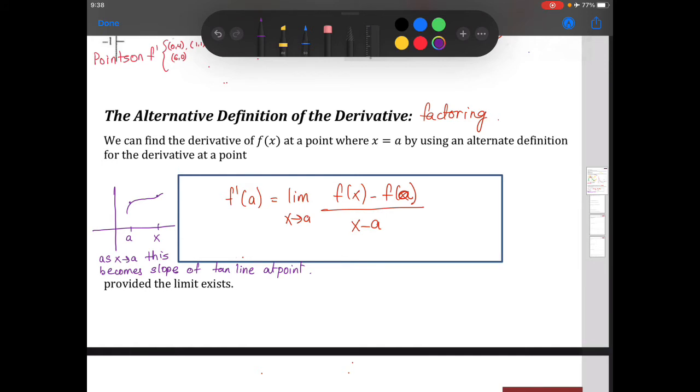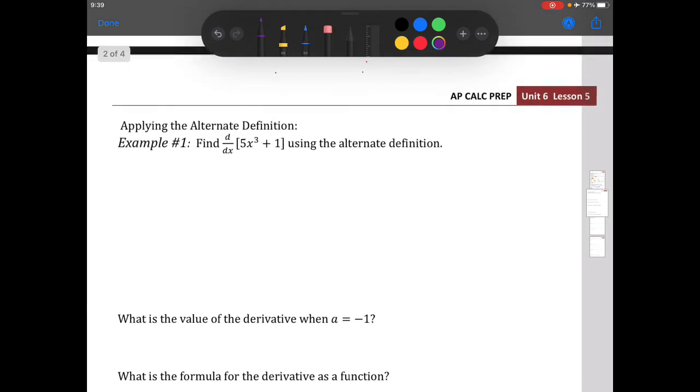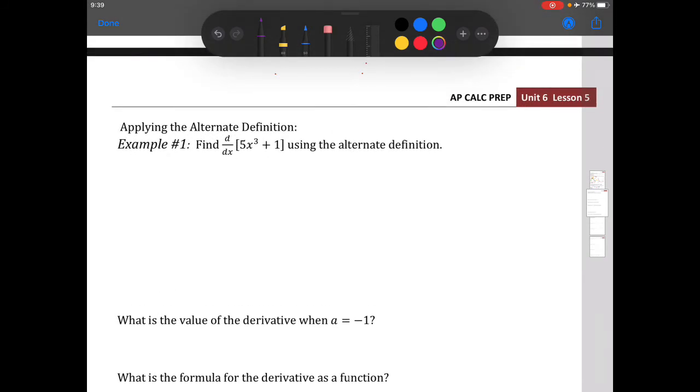This slope becomes the slope of the tangent line at that point rather than between the 2 points. So let's start with the definition and do one question. Let's write down the formula. Limit as x approaches a, f of x minus f of a over x minus a. So that's the alternative definition.